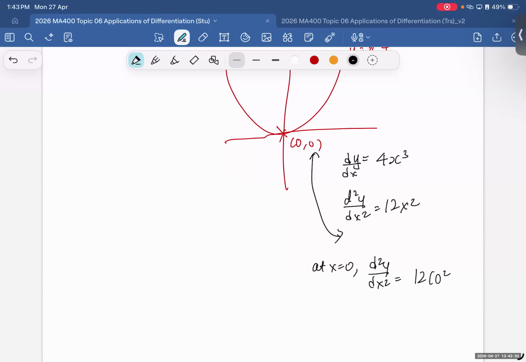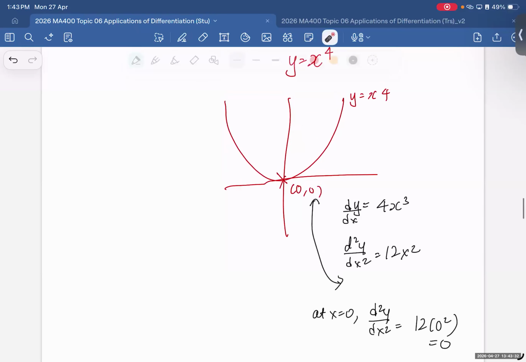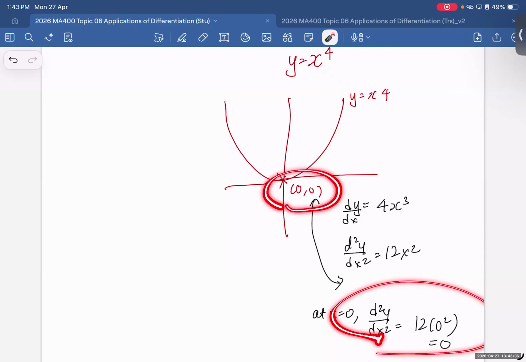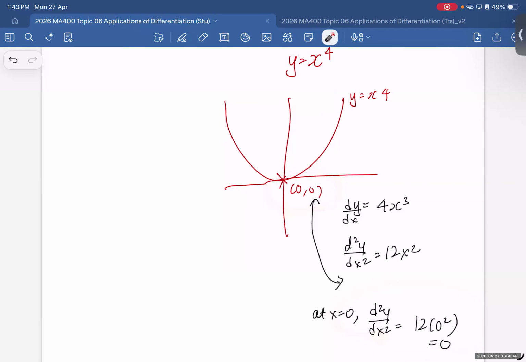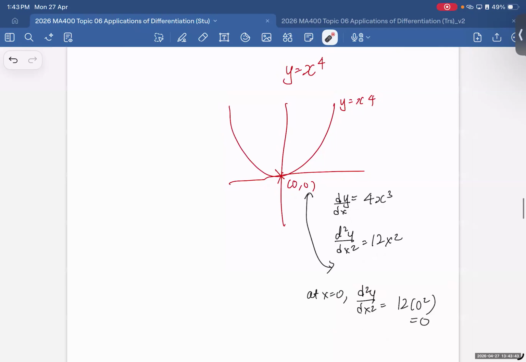But clearly you can see that although the second derivative is 0, it is a minimum point. This is an example of a case where the second derivative test fails. This one came out before in previous years.